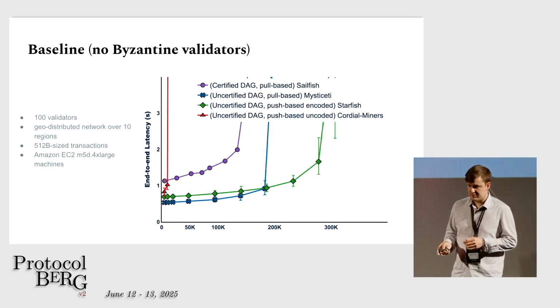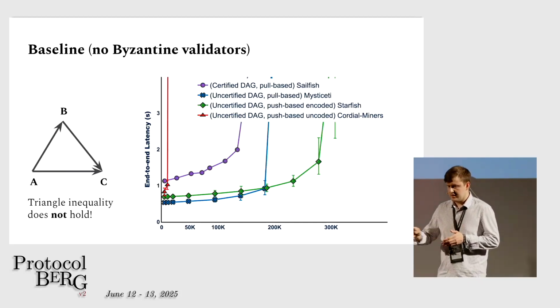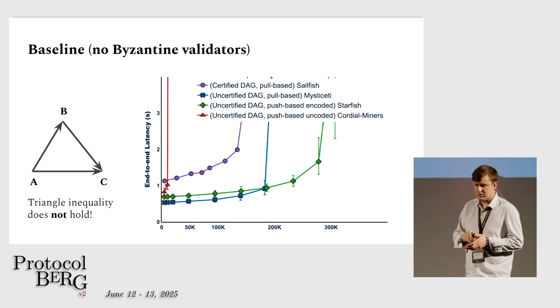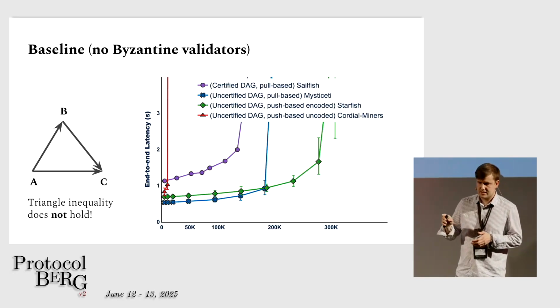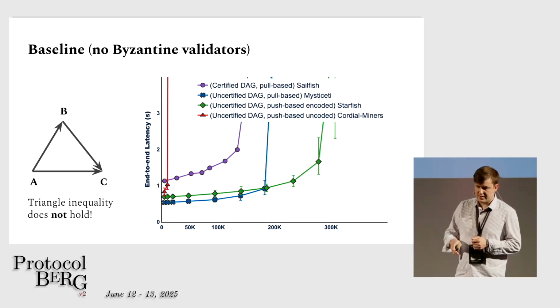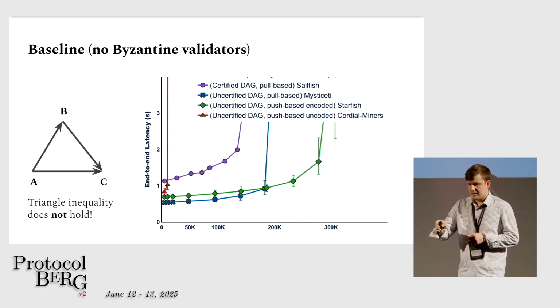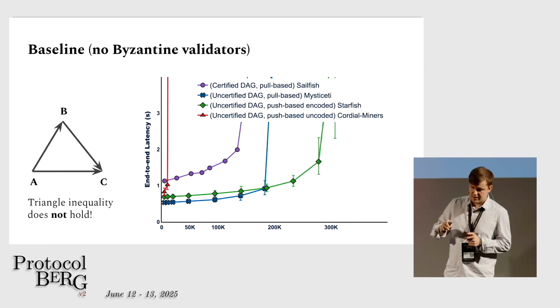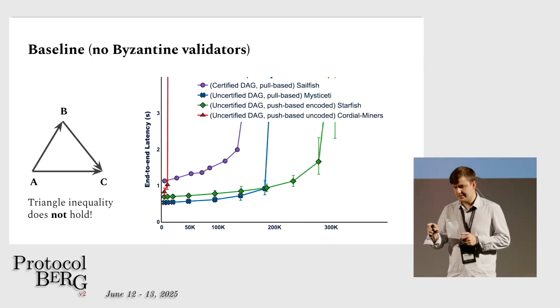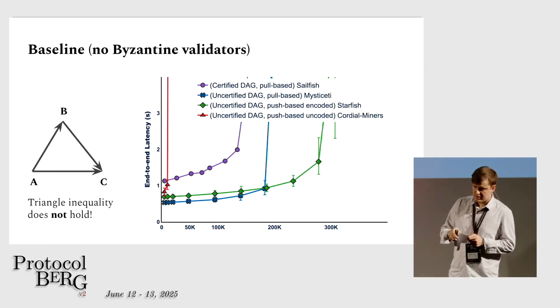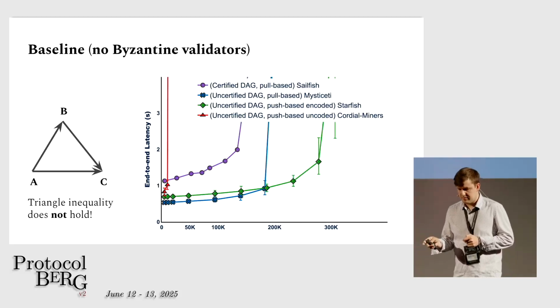Primarily the reason is that in such a network, when we deal with large transaction data, we don't necessarily have the triangle inequality. The data sent by validator A to B and C can be reached by C faster as a block header: when B receives a block from A, B can send the block header much faster than the block sent by A arrives at C.